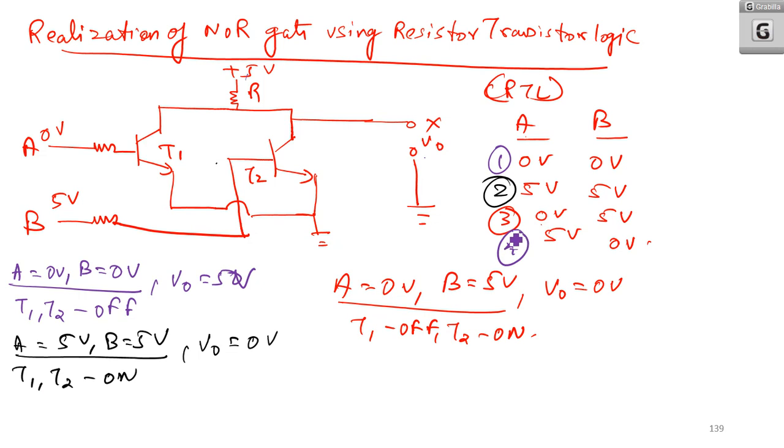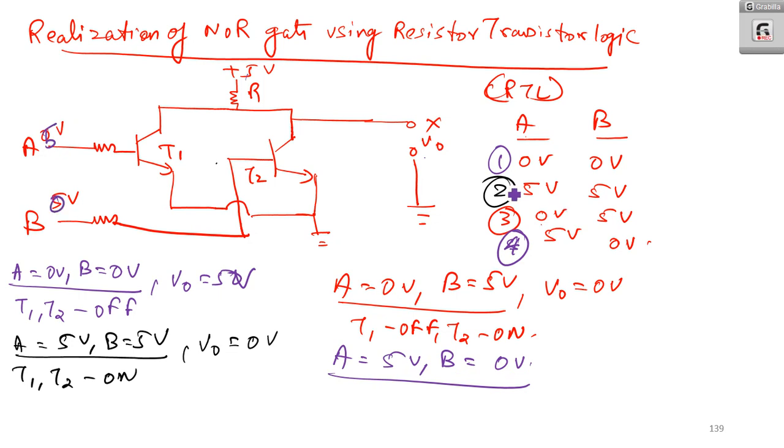In the fourth one, we can see that A is equal to 5 volt and B is equal to 0 volt.